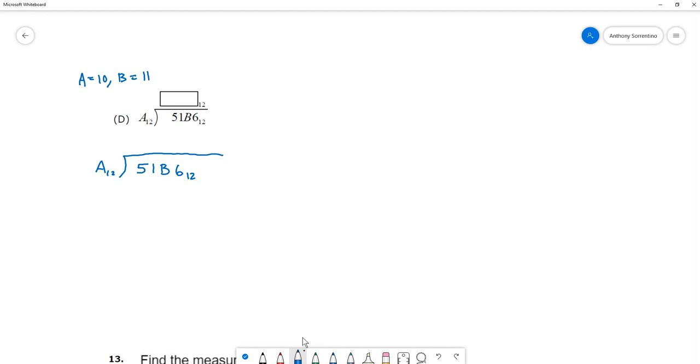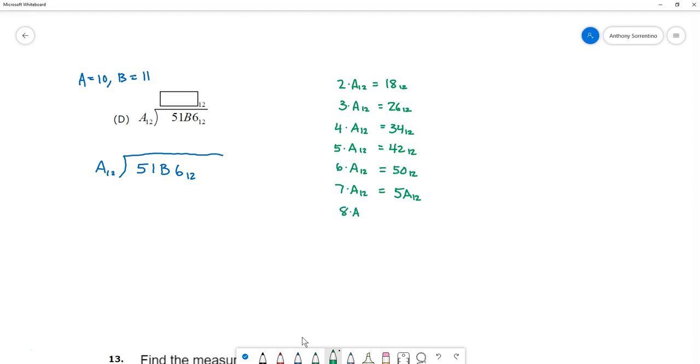So I'm going to list them here right now. So this is the list of all basically the factors, or kind of like doing a multiplication table of A base 12.